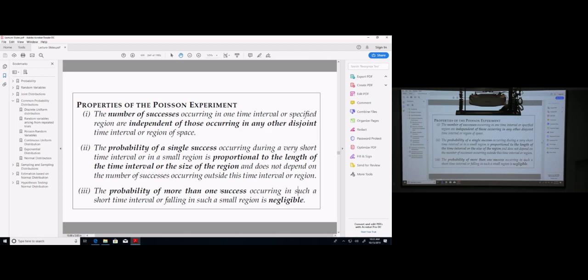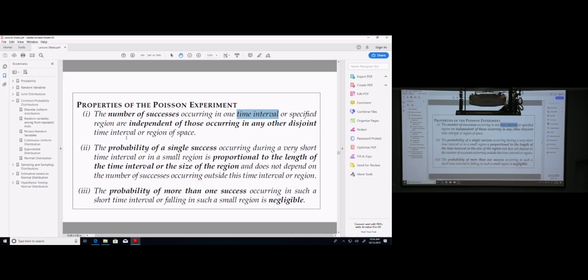So, properties of a Poisson experiment: the number of successes, I think it's better to think of it as accidents or typos, occurring in one time interval or specified region. So it's not just one-dimensional, it can be any dimension, in a region, independent of those occurring in any other disjoint time interval.